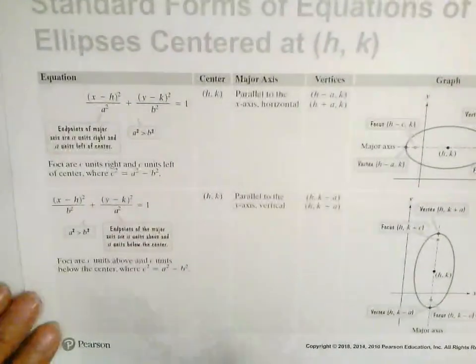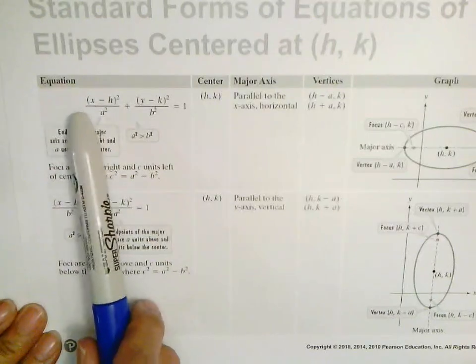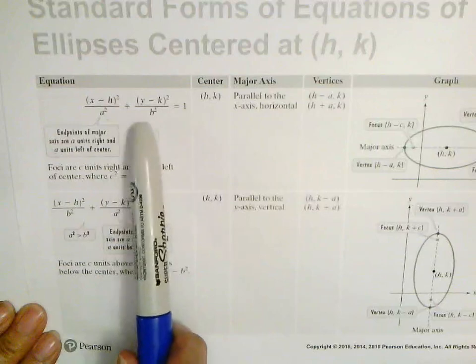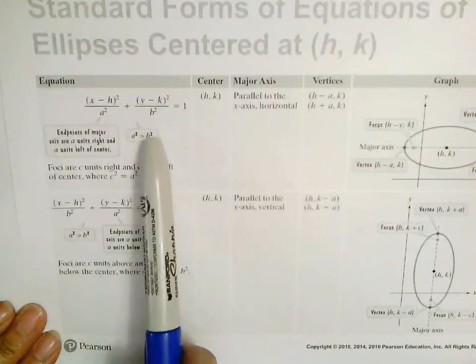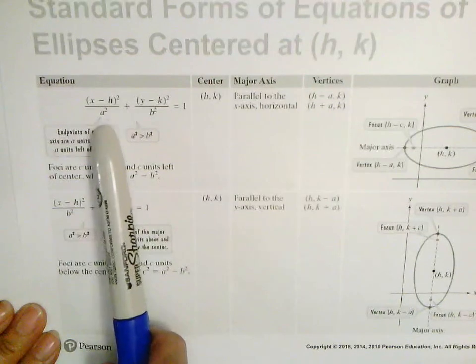Let's look at the standard equation where it's not. We're reviewing this. So do you see right here? This time it's the quantity x minus h squared over a squared plus the quantity y minus k squared over b squared equals 1. Remember again, a squared is always larger than b squared.